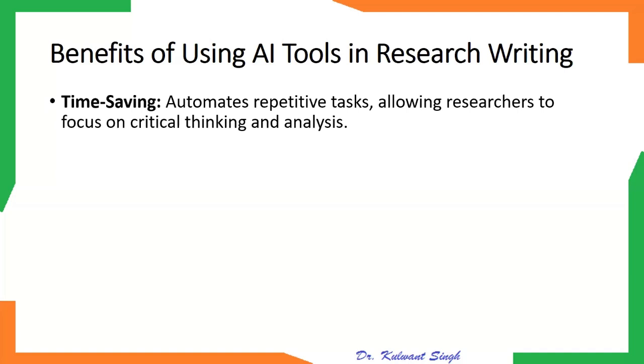The automated process assisted by the AI tools will save our time by reducing our repetitive tasks. Researchers just have to focus on critical thinking and analyzing the response. All the remaining part will be performed by the AI tools.